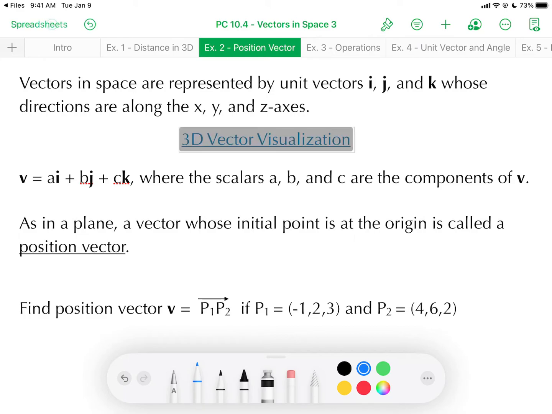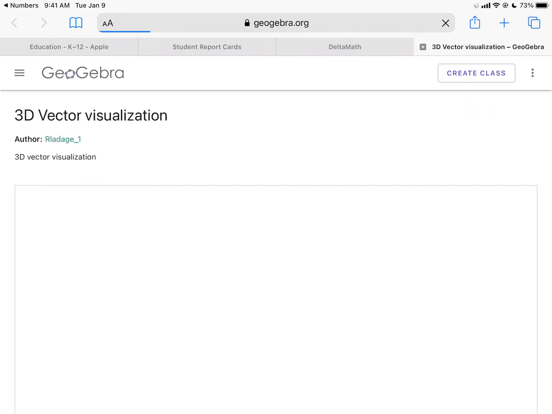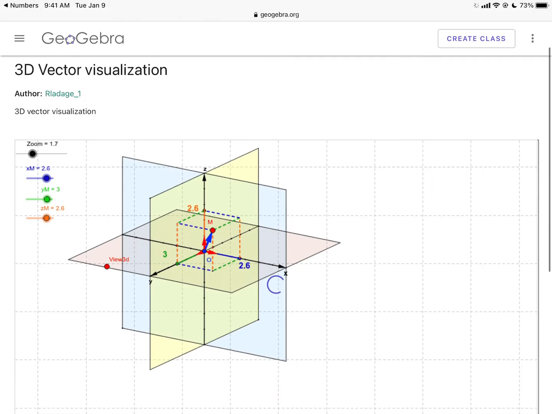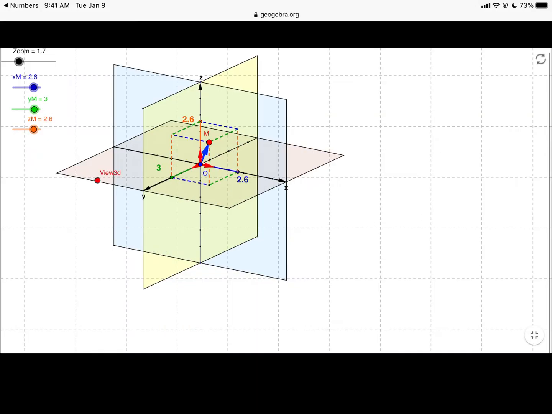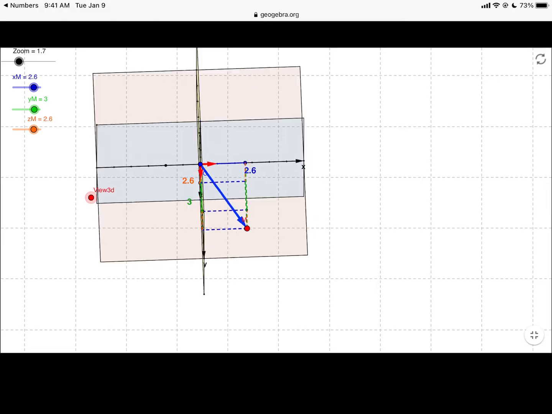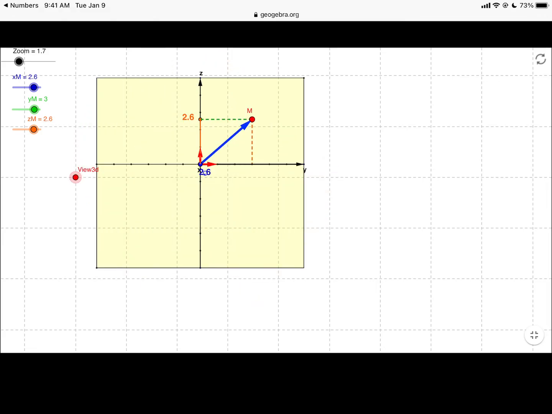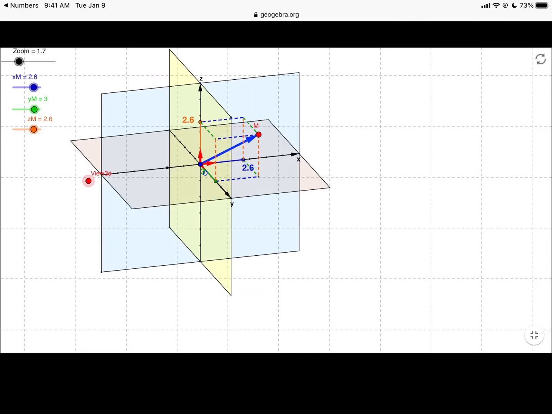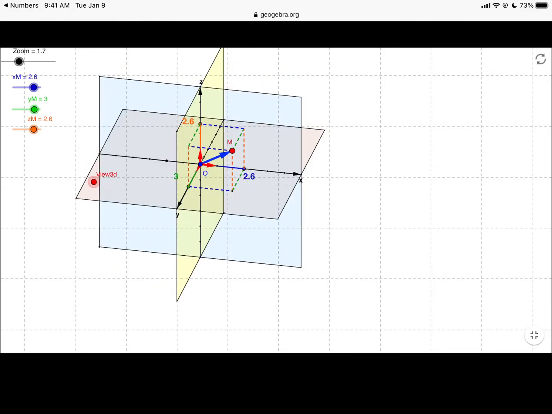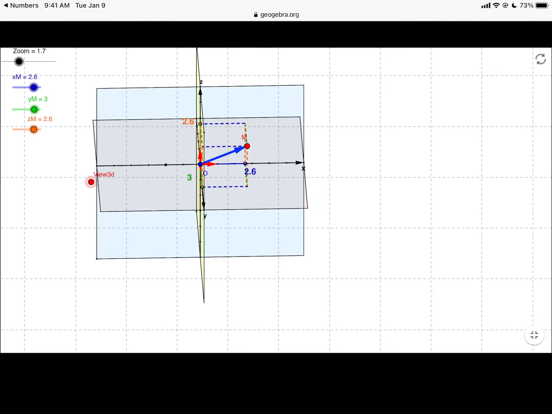All right. Now, let's visualize a 3D vector here. Try to move this around a little bit for you. Okay, so the blue vector there is our vector whose components are 2.6, 3, and then 2.6 right now. Try to move it a couple different ways for you.